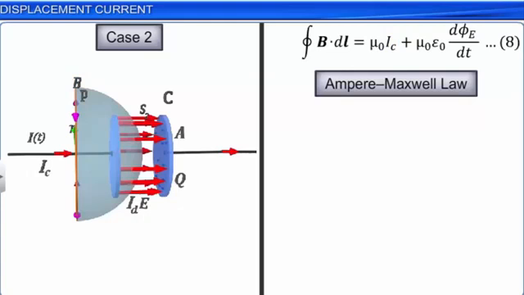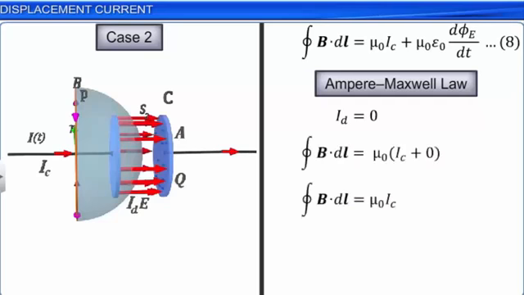If we consider the point P inside the capacitor plates, the source of the magnetic field at that point is only the displacement current, since the conduction current between the capacitor plates is 0. That is, the integral over the closed loop of B dot dl is equal to mu naught into ID.